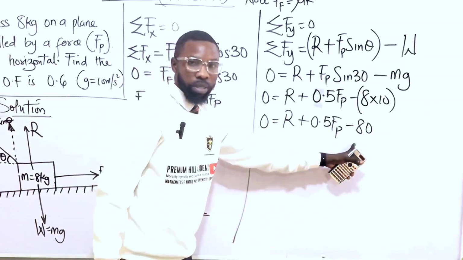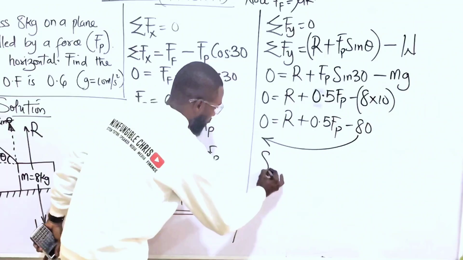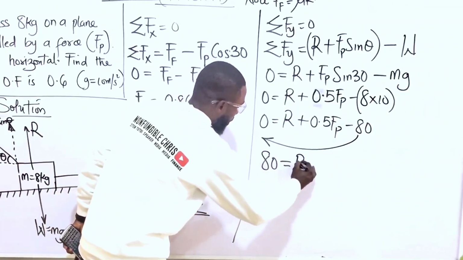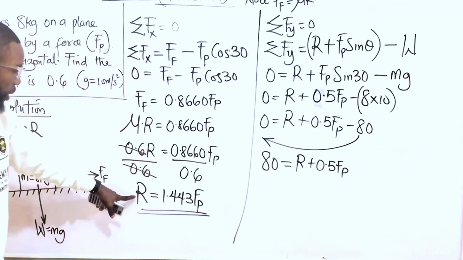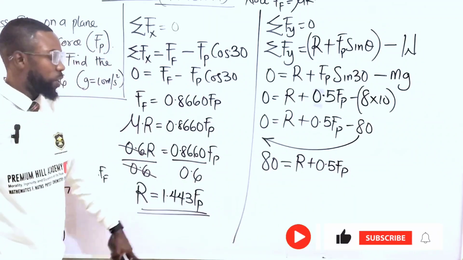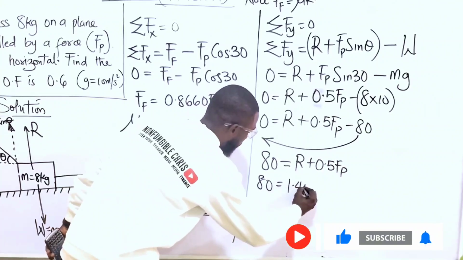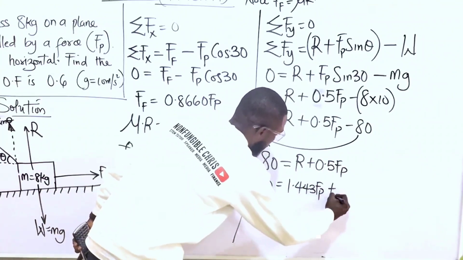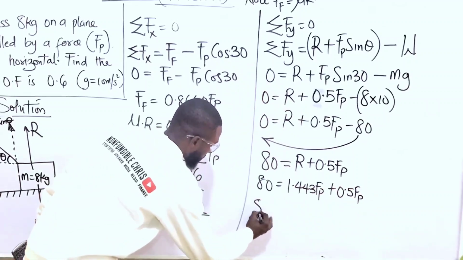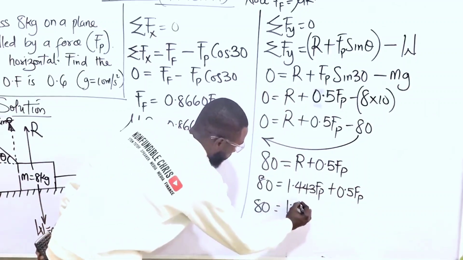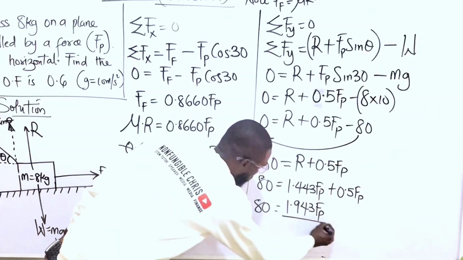If we collect like terms, bringing the 80 out, 80 is equal to R plus 0.5 Fp. But from equation 1, our R is 1.443 Fp, right? So we substitute. We're going to have 80 equal to 1.443 Fp plus 0.5 Fp. If we sum this up, we have 80 equal to 1.943 Fp.